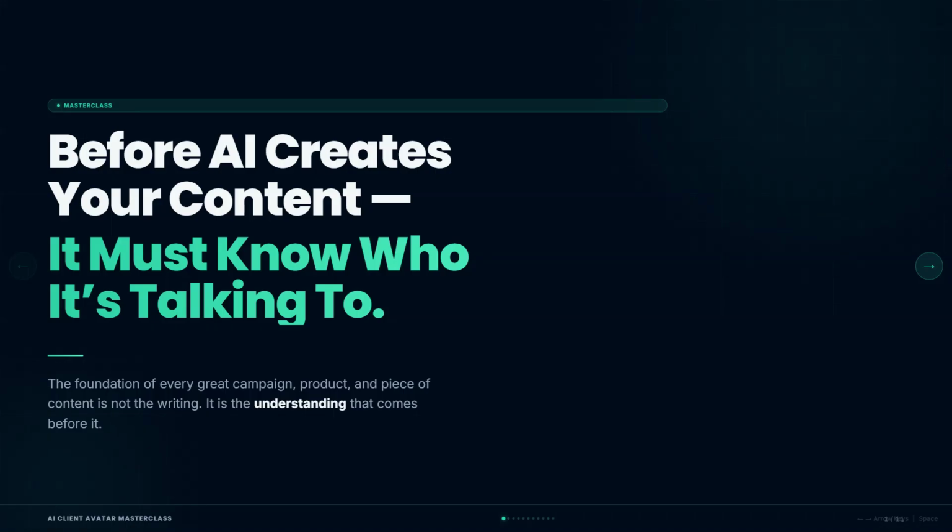You compress time and you can create landing pages, emails, flyers, templates, you name it. Before AI creates your content, it really needs to know who it is talking to. Otherwise, if you are trying to please everyone or talk to everyone, it makes noise.